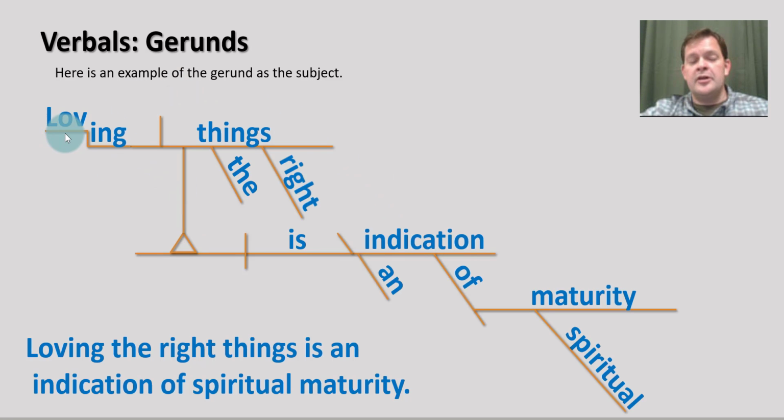So the gerund phrase, loving things, is actually in the subject position, and is the verb, and indication is a predicate nominative, and then you modify that with the prepositional phrase of maturity. Spiritual is telling us what kind of maturity. It's spiritual maturity that loving the right things indicates. So that's your sentence diagrammed there.